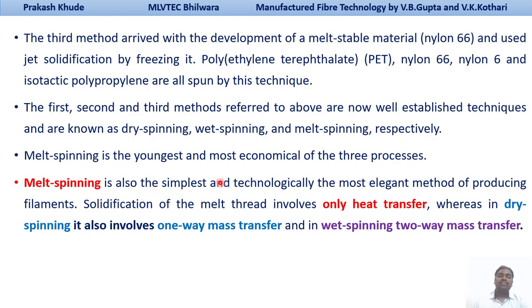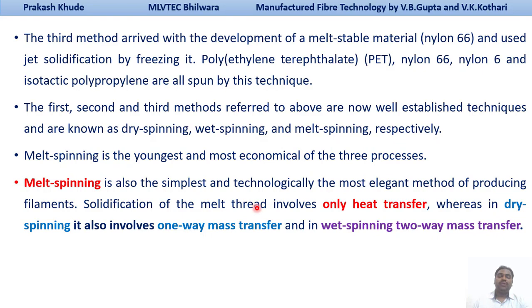Melt spinning is one of the simplest technologies for producing filament, and in this case the solidification of the melt thread involves only heat transfer, whereas dry spinning also involves one-way mass transfer, while wet spinning involves two-way mass transfer.